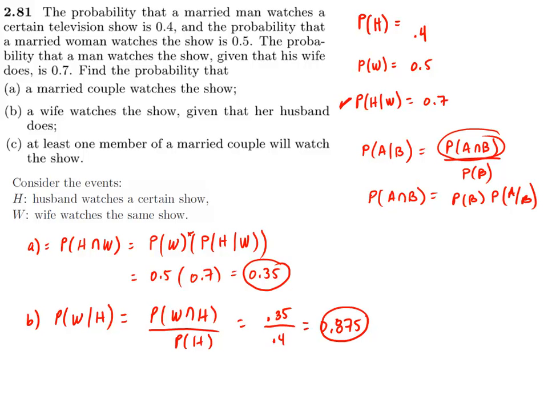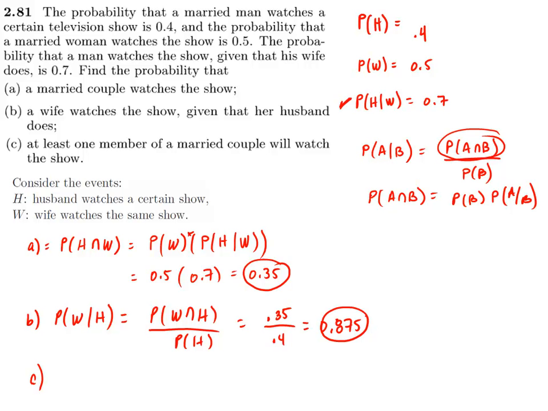Part C, at least one member of a married couple will watch the show. So at least one. So 1 or 2. Any idea of how to define that event? So at least one.